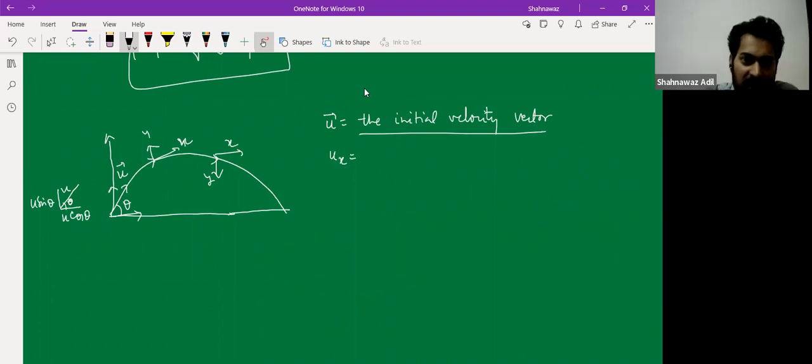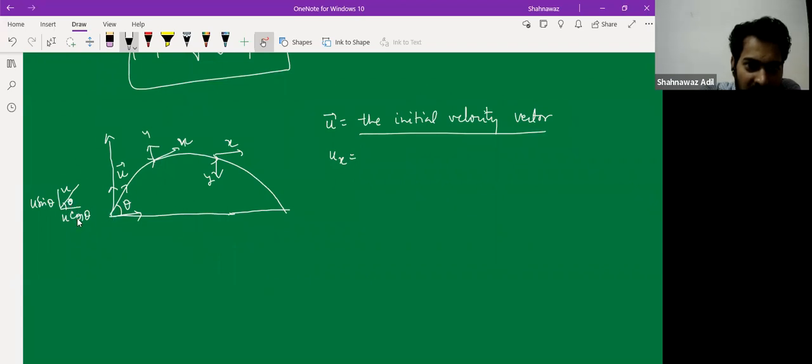Okay. So now we are calculating the projectile motion at some angle. The projectile is thrown with some angle. So the initial velocity will have two components, right? The horizontal component and the vertical component. What will be the horizontal component?